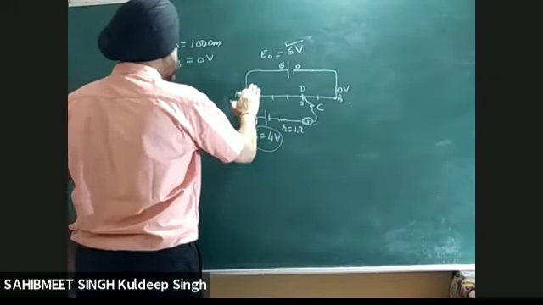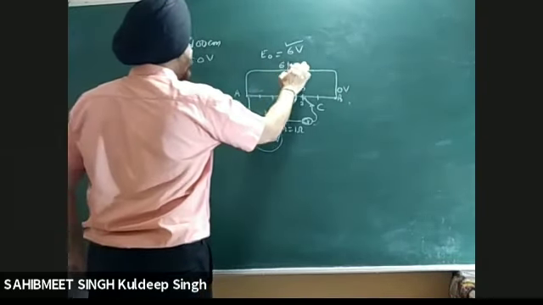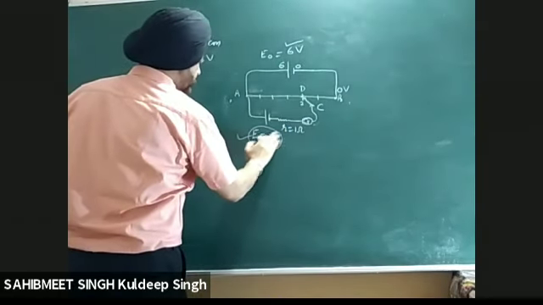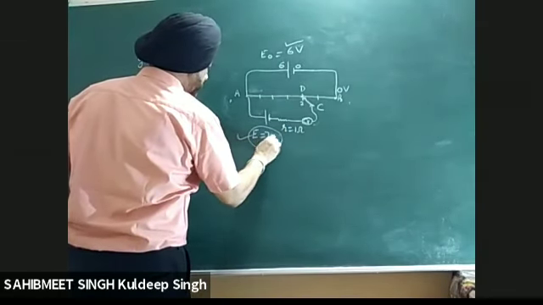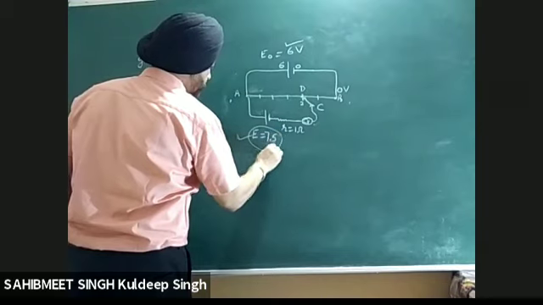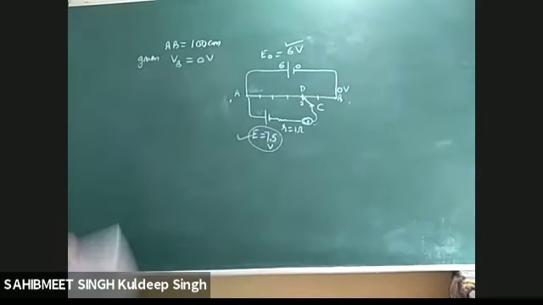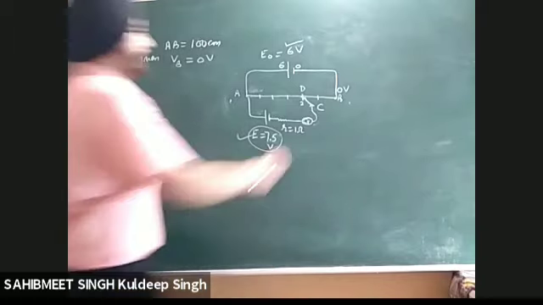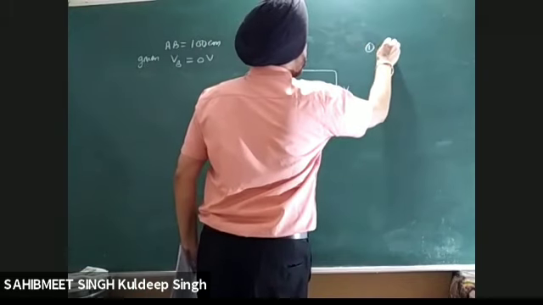Let me clear the mess. And now this is a 7.5 volt. Then what will be the potential at A and C? The same question.